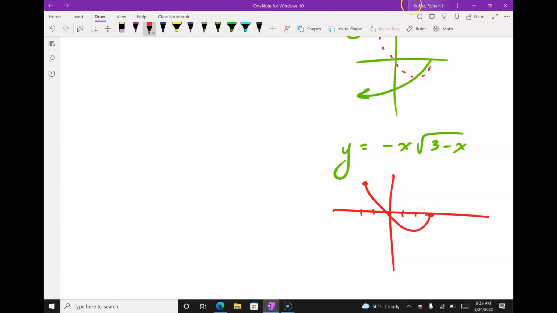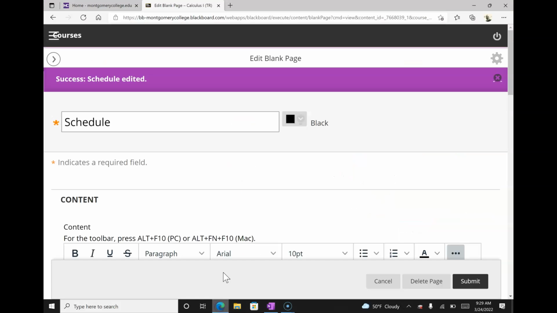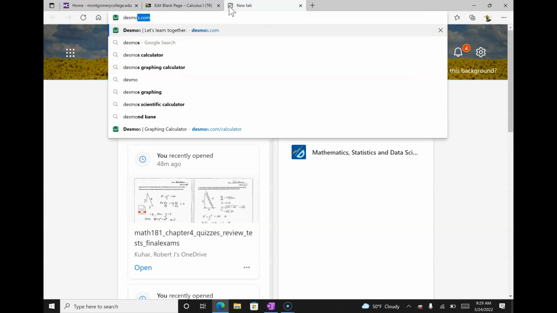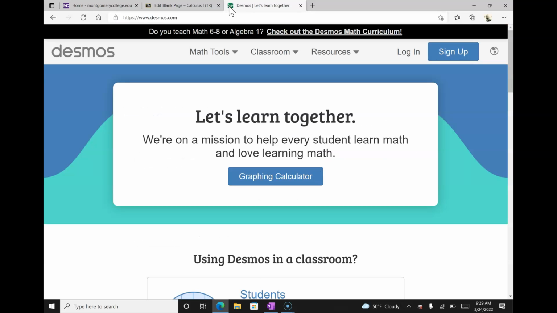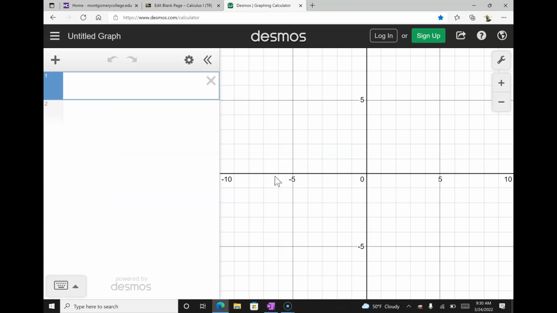But of course, what are you going to do on your test, on your homework, and on your quiz on this? You're going to graph it. You don't have to be able to do it from memory. You should be very good at that in Calc 2 and forward. You should be very good at graphing things after Calc 1.